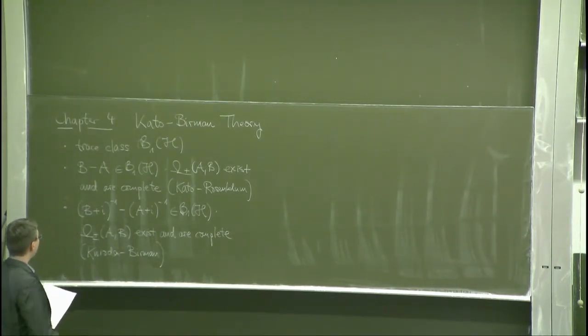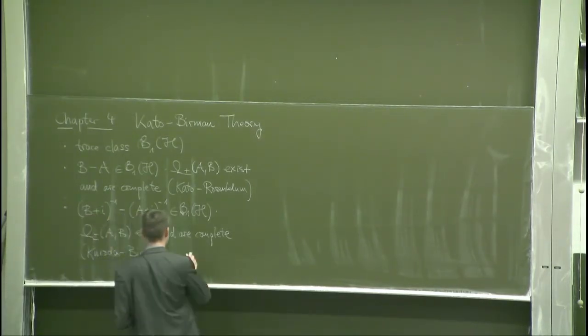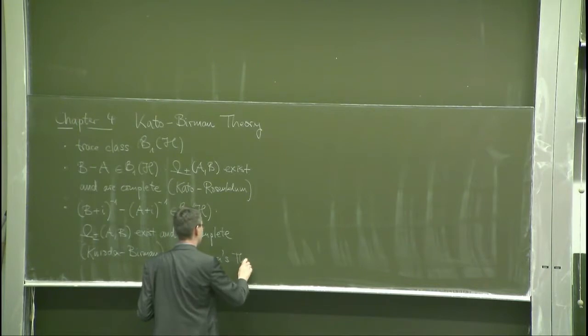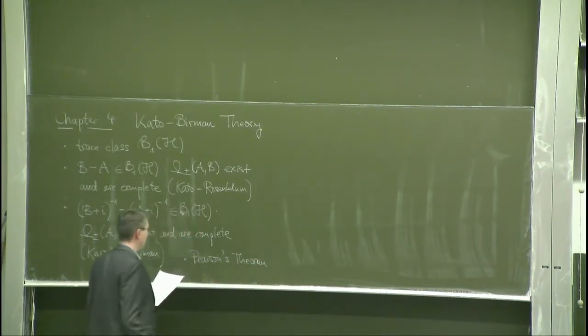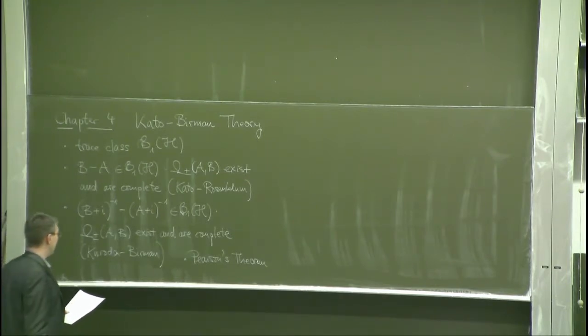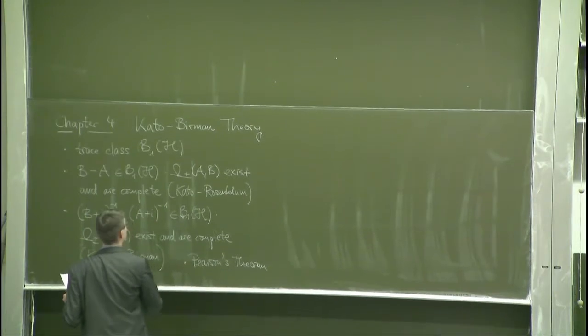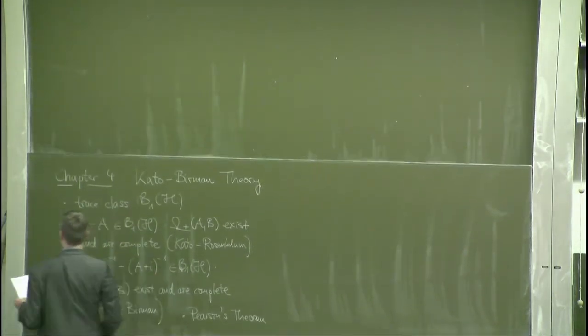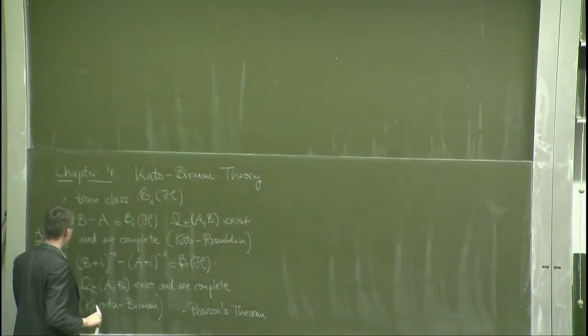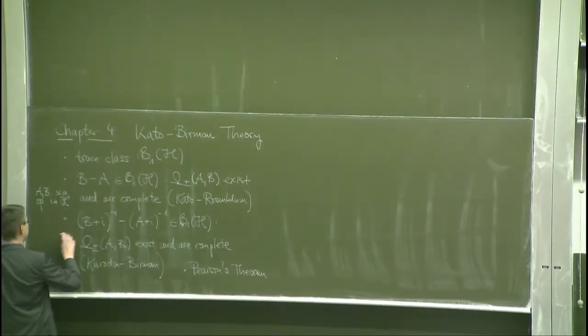Both theorems will follow from Pearson's theorem, and we will give a detailed proof of this important theorem in this lecture. Here, of course, as I already said, A and B are self-adjoint operators in the Hilbert space H, and this result is of particular importance for Schrödinger operators.